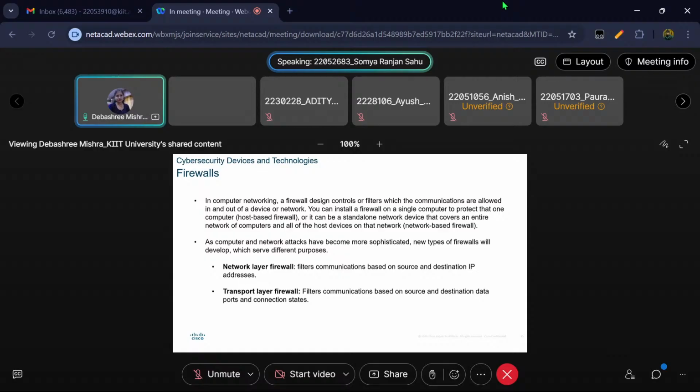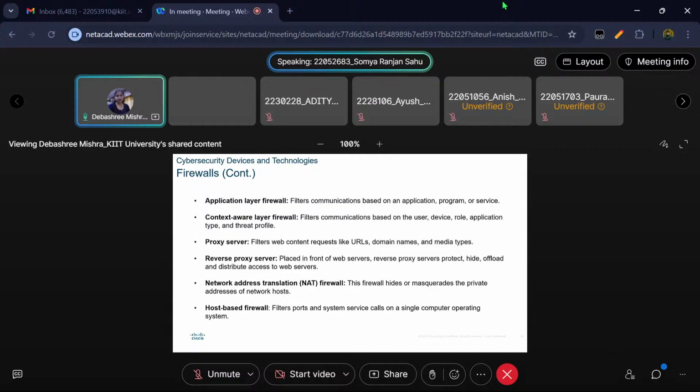The first one is based on IPs, both source and destination. In the second, the transport layer firewall, it is based on your source and destination ports and the connections, how it got connected. In firewalls there are also different layers. That is your application layer firewall.